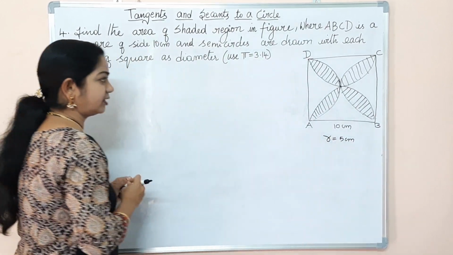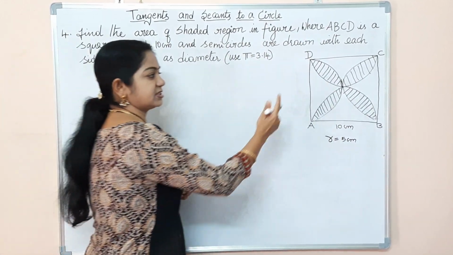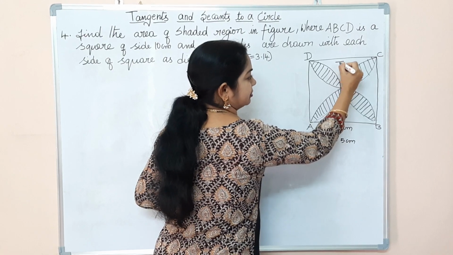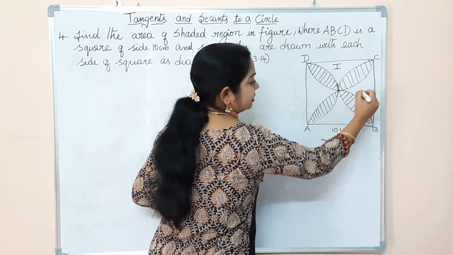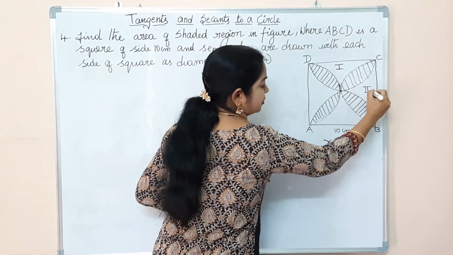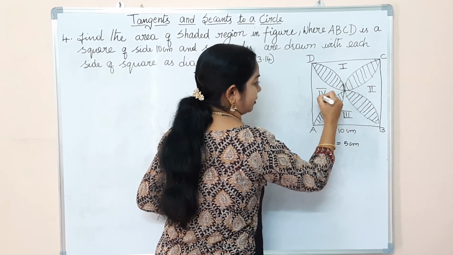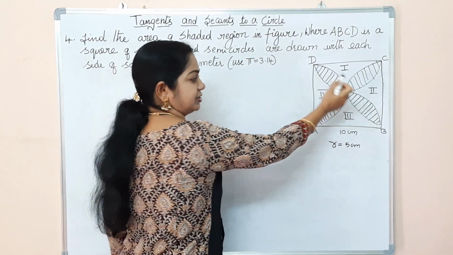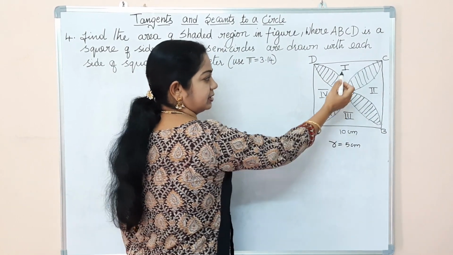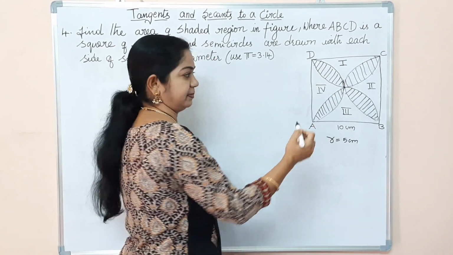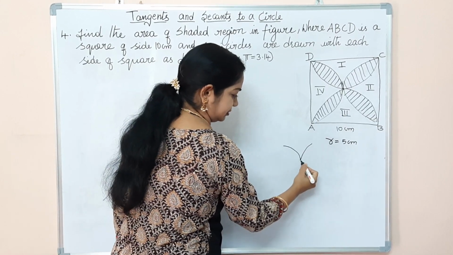So, for this problem, first I'll mention for the unshaded part, I'll keep these parts as 1, 2, 3 and 4. Okay children, see the unshaded part I have mentioned because they are of no different shape like this, isn't it?